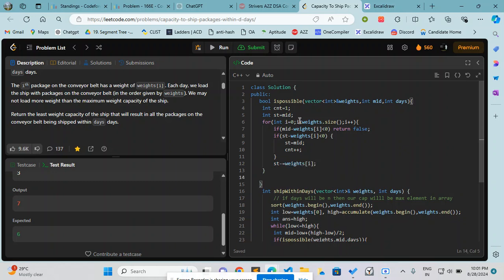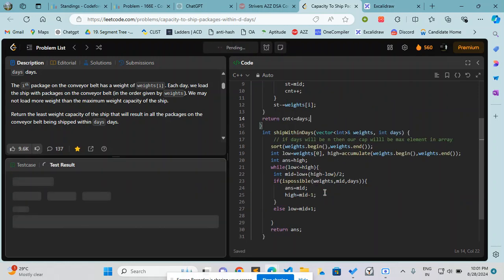We have to return true if the total number of days is within the given days. Let's run and solve it.